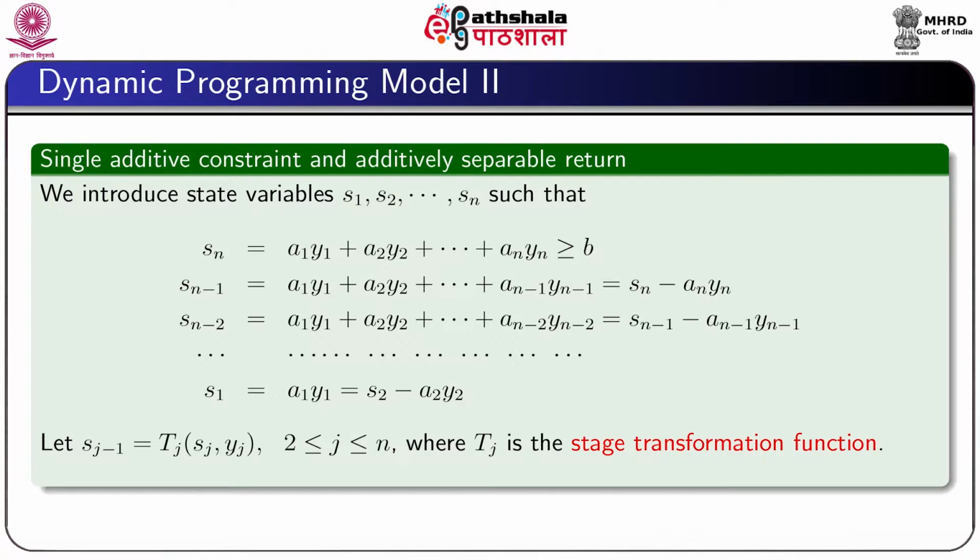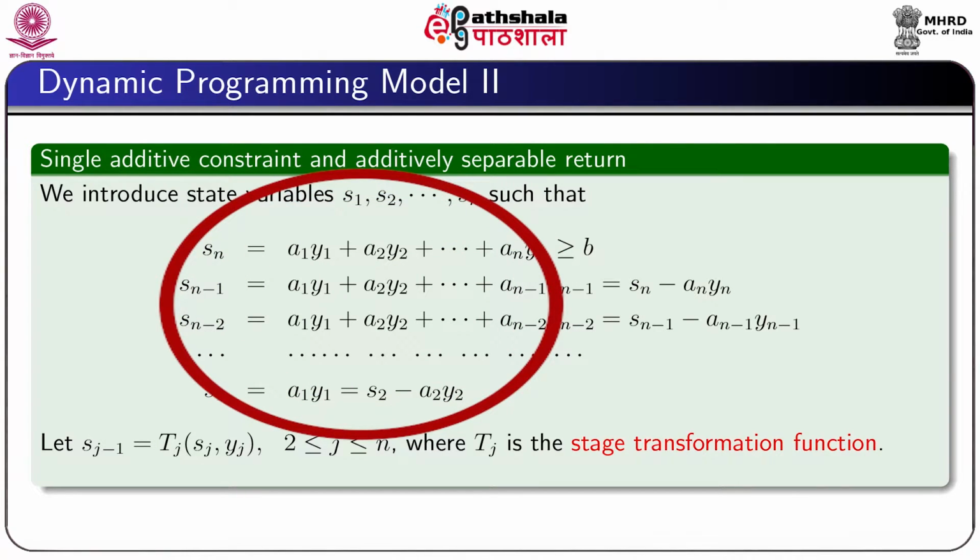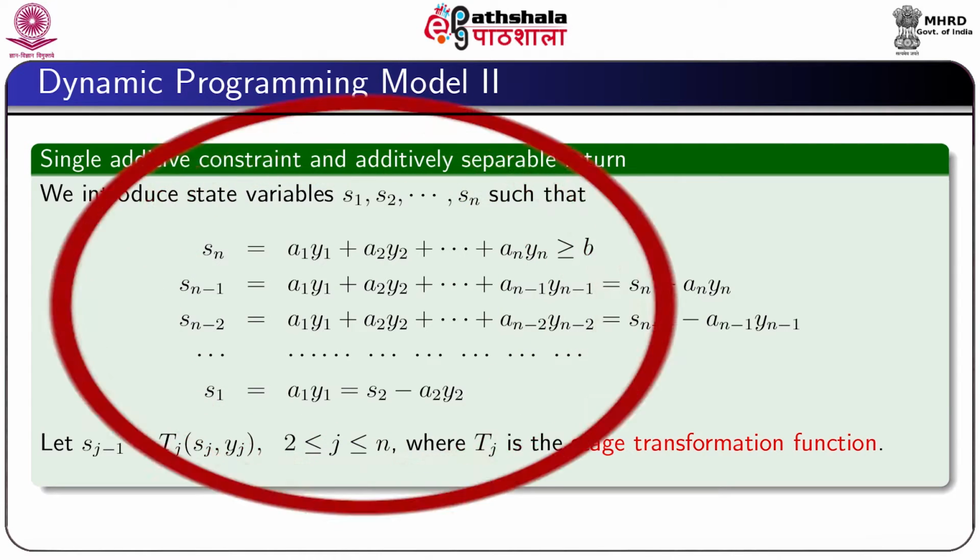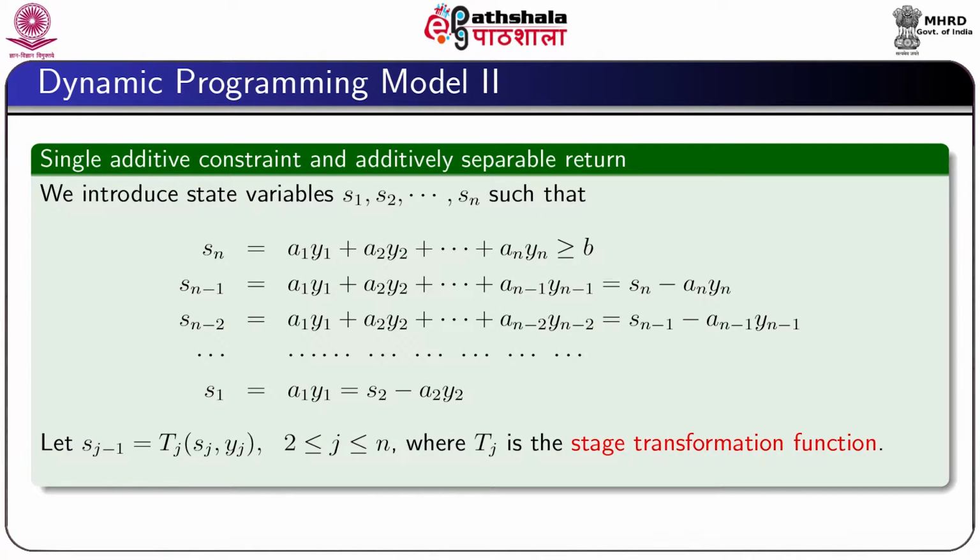We introduce state variables s1, s2 up to sn such that Sn equal to a1 y1 plus a2 y2 plus ... an yn, which is greater than or equal to b. Sn minus 1 equal to a1 y1 plus a2 y2 plus ... plus an minus 1 yn minus 1, which is equal to Sn minus an yn.